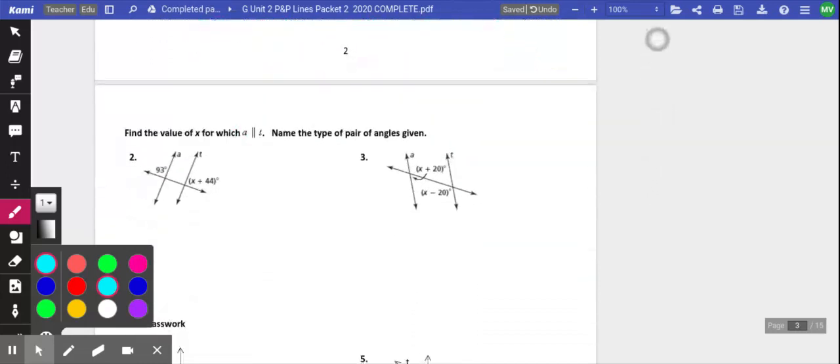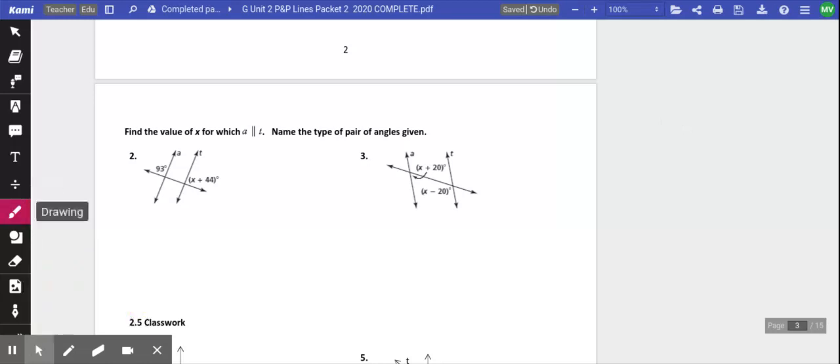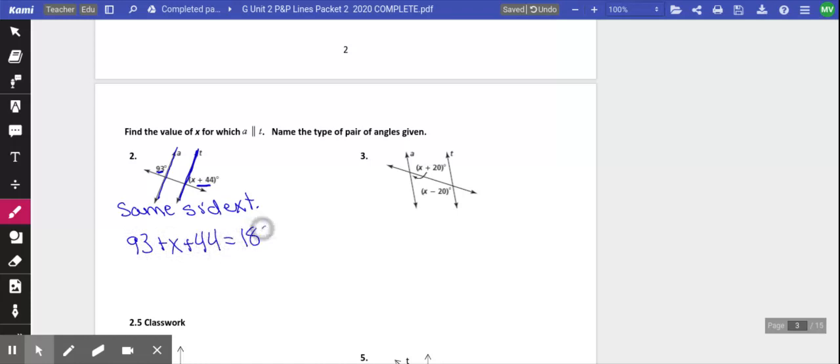So now we're going to find the value which makes these lines parallel. So if I want A is parallel to T, that would mean that 93 and x plus 44 have to be 180 because those would be same side exterior. So name the type of angle pair. So I have same side exterior. So that means 93 plus x plus 44 has to equal 180.